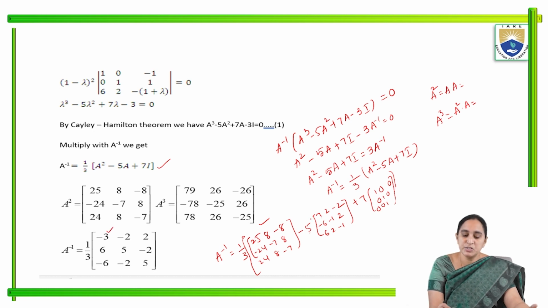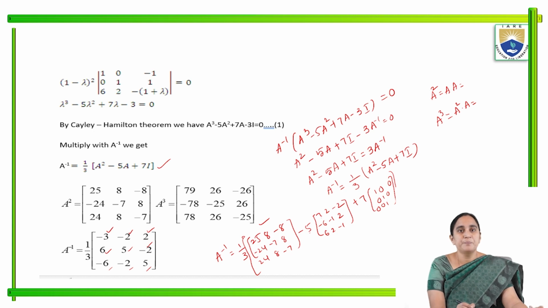Similarly, we add each and every element in every row with the corresponding elements of the second and third rows. We get minus 2 and 2, then 6, 5, minus 2, and the last row minus 6, minus 2 and 5. Therefore A inverse is 1 by 3 into minus 3, minus 2, 2; 6, 5, minus 2; minus 6, minus 2, 5. This is A inverse from the Cayley-Hamilton theorem.